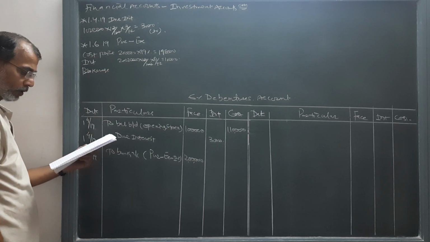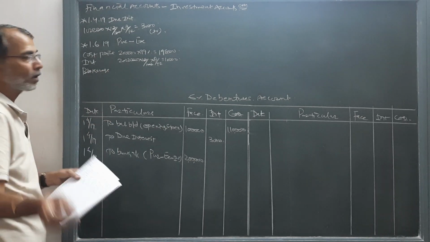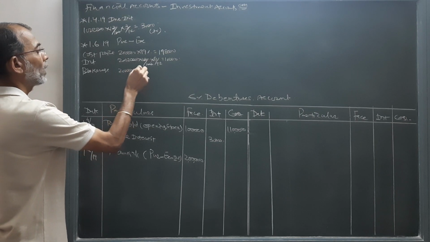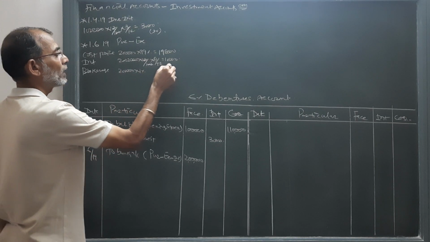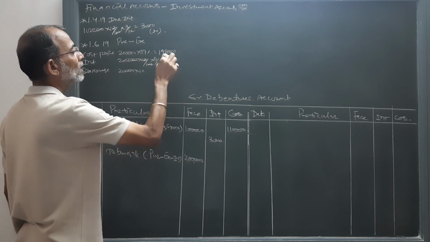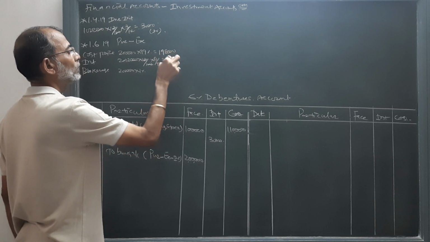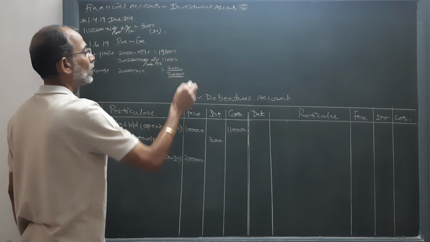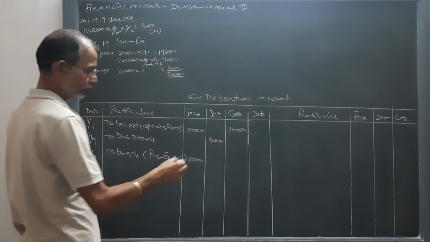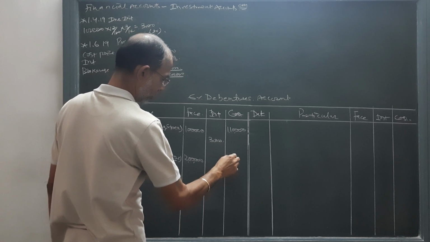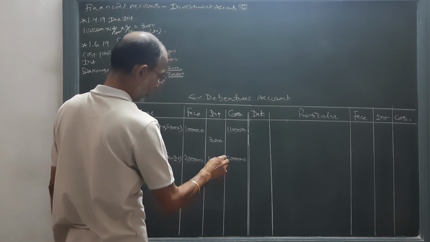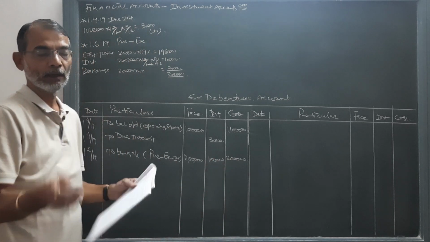Brokerage is 1% on face value. Face value is 2 lakh, so that will be 2000. Now I have to add both these values, which will give me the cost price. That also comes to 2 lakh, and interest came as 10,000.